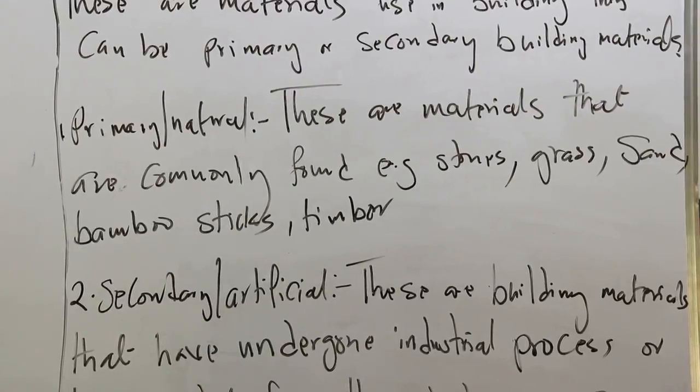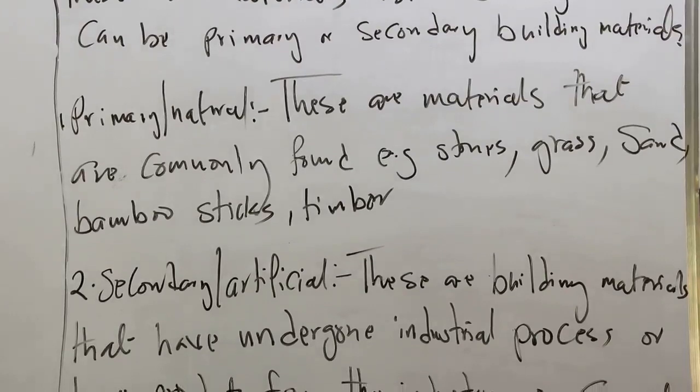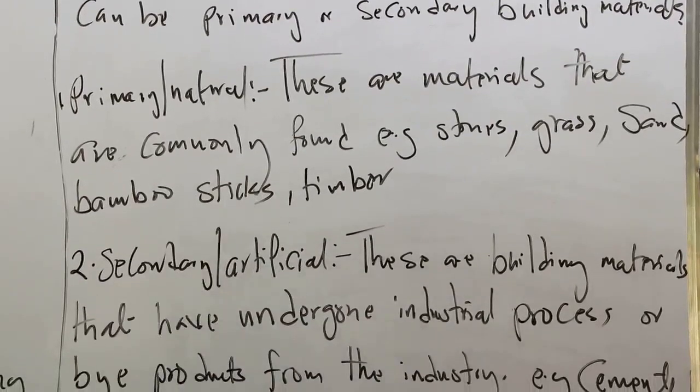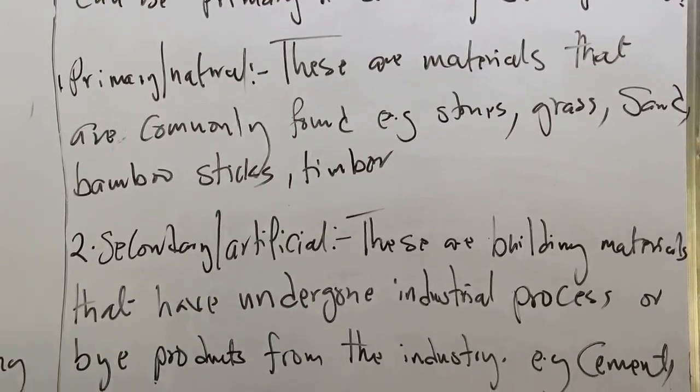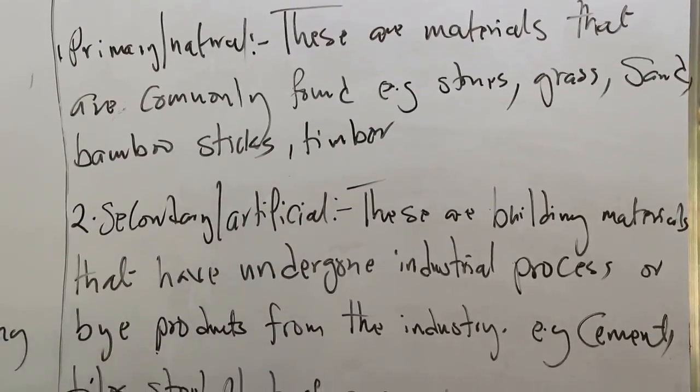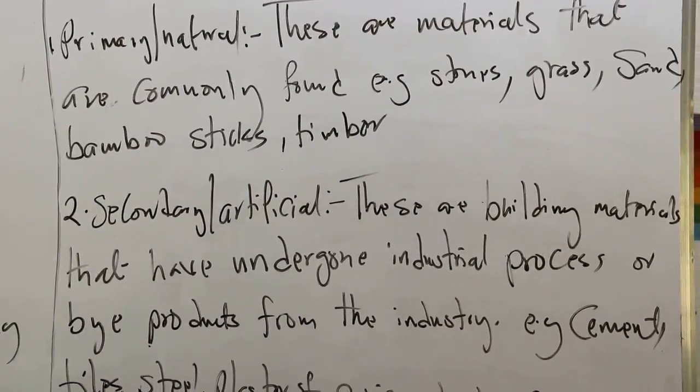That is, those materials that you can get readily available within the building vicinity. Examples of them include the stones, the grass, the sand, the bamboo sticks, the timber, and the rest of them. So that is why they are called primary or natural building materials.